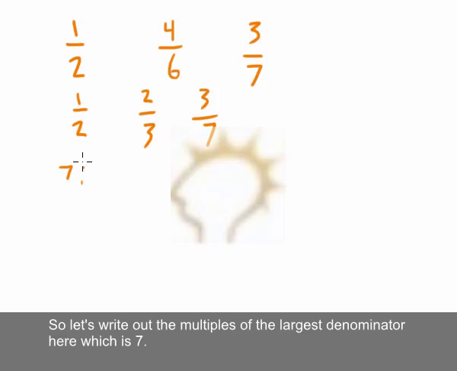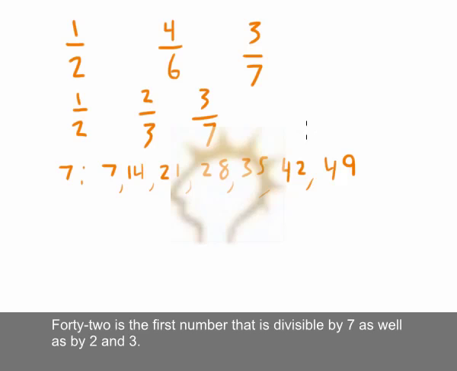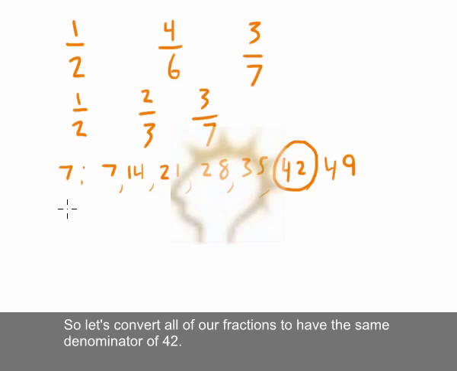So let's write out the multiples of the largest denominator here, which is 7. 42 is the first number that is divisible by 7, as well as by 2 and 3. So let's convert all of our fractions to have the same denominator of 42.